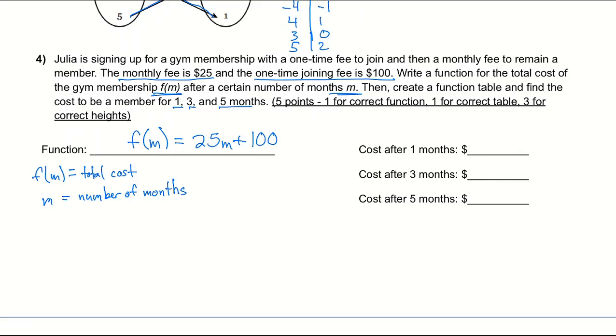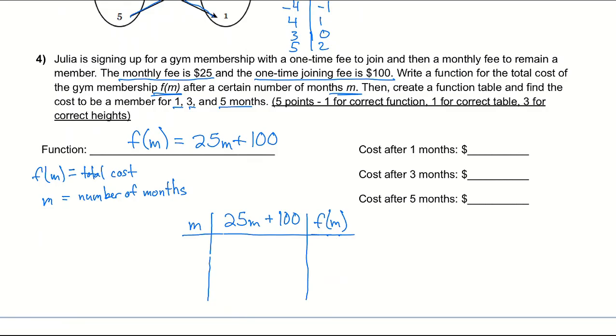So this is where we do the, it's not a T-chart. It's almost like, I don't know, football uprights, you football fans out there. So 25m, which is our rule, plus 100. And then this over here, which would be the function of m. Okay?